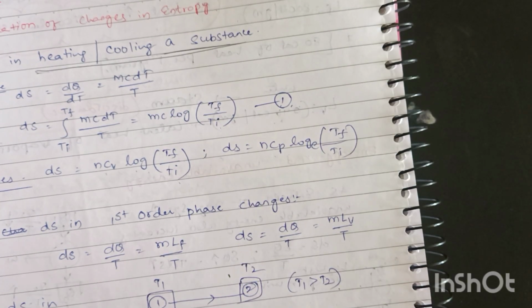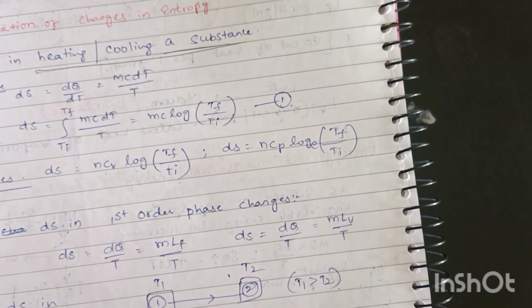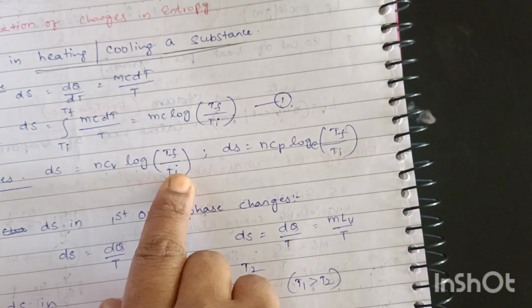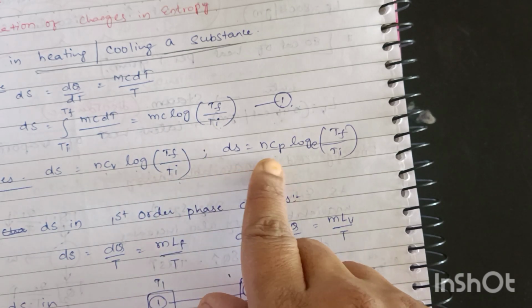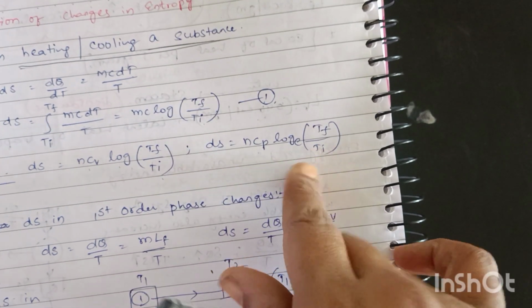If we do some derivations, we will get these final equations. So dS equal to n Cv log Tf by Ti, also dS equal to n Cp log Tf by Ti.